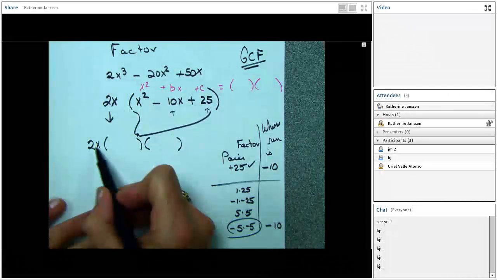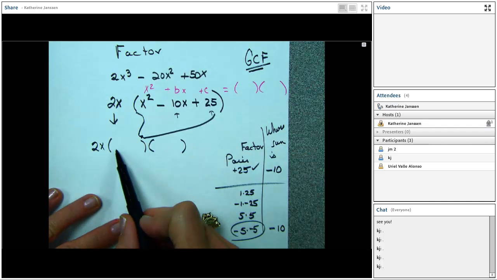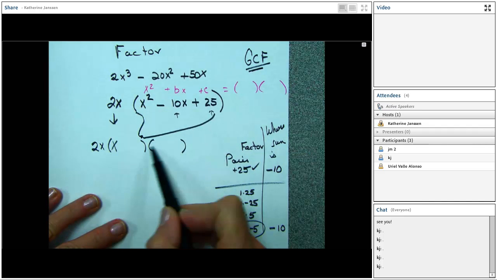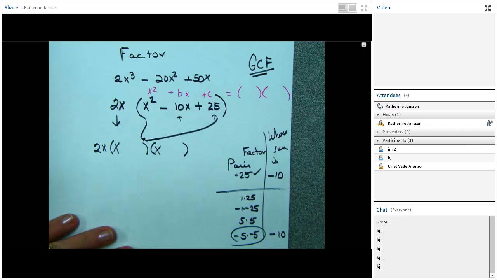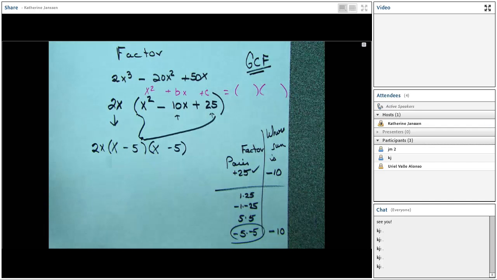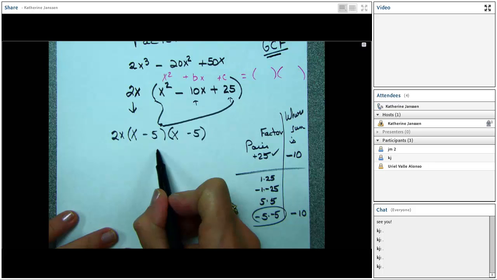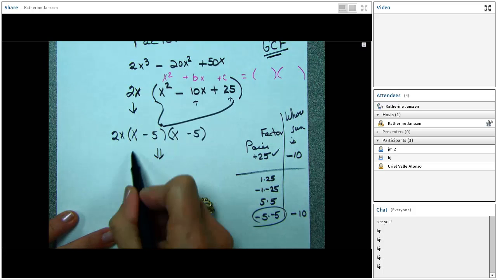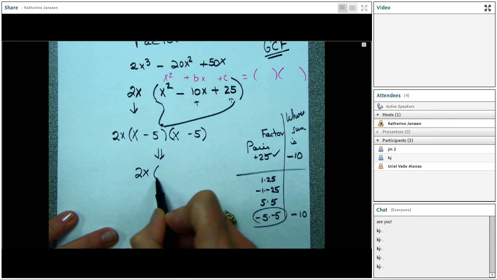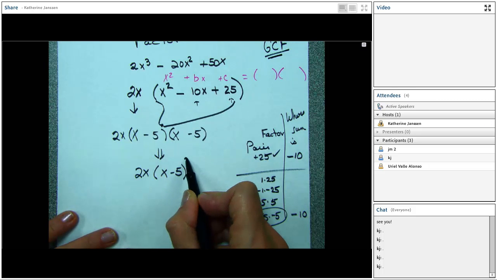So we have the common factor out in front. We're going to factor this as the product of two binomials. Our factor pairs are a negative 5 and a negative 5. We might want to recognize that this is 2x times x minus 5, the quantity squared.